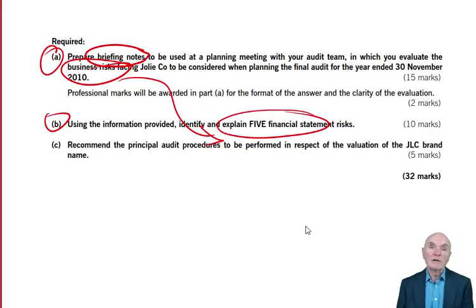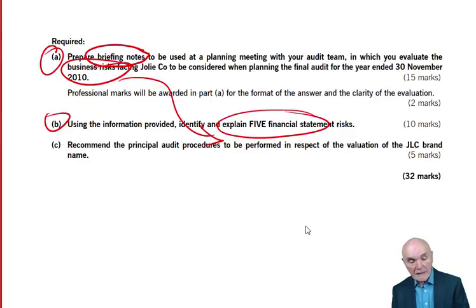We might even be able to Google and look for press comments, because quite often you get reviews of presumably fashion editors in the suitable magazines who say, this brand is really good, or this brand is very old and a bit tired now, and so on. And these are comments coming in from people who know the fashion industry much more than most auditors are going to be knowing it.